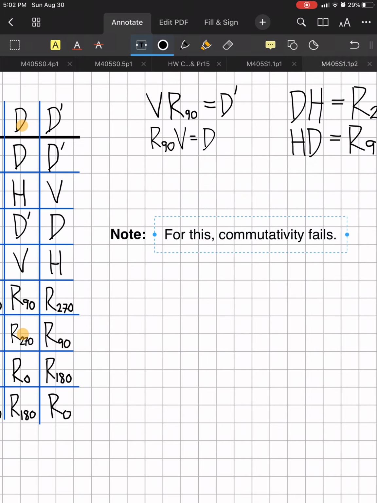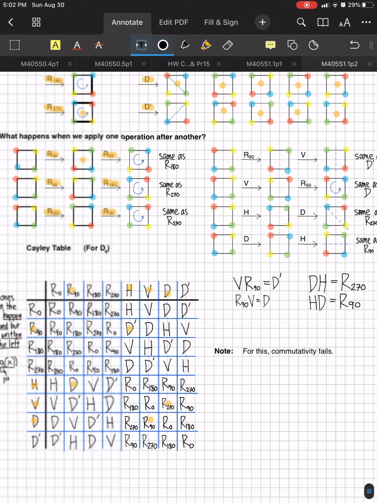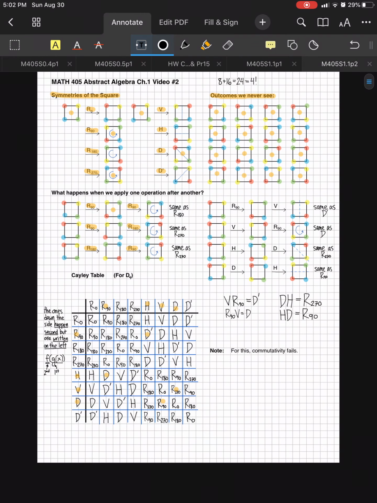Move you down there, and it attaches. Nice. All right, so commutativity fails for this.